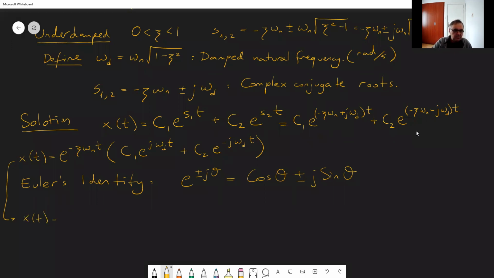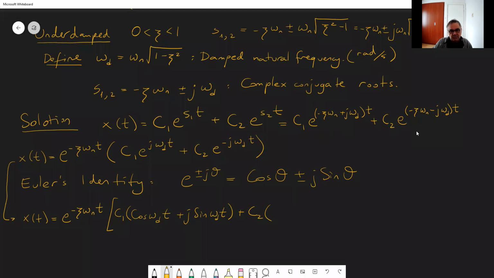x of t equals e to the minus zeta omega n t, bracket, c1 parentheses e to the j omega d t, so it is cosine omega d t plus j sine omega d t, plus c2 e to the minus.